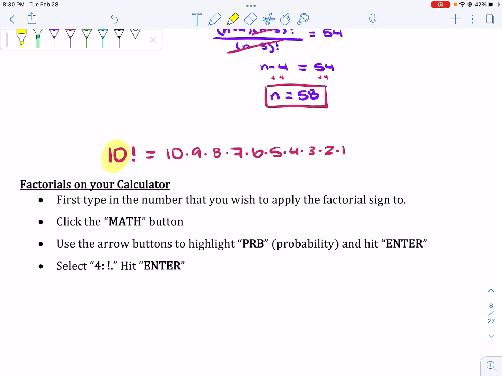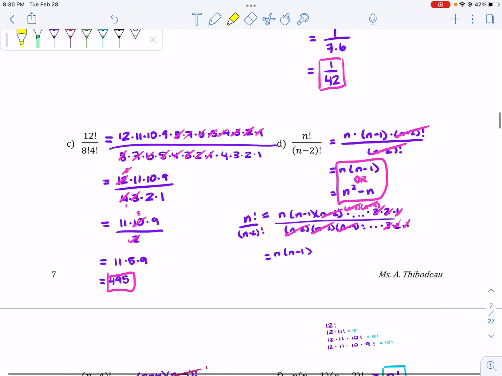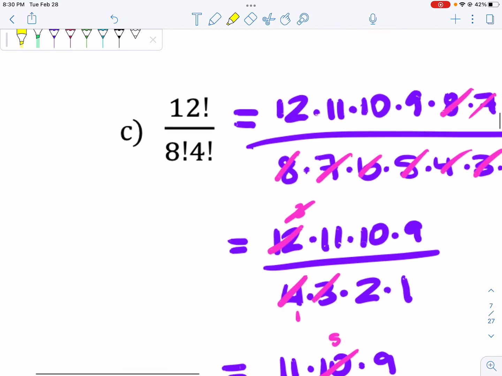Now that we know how to do factorials in our calculators, we are more than able to go and backtrack and do some of the previous questions like this guy here. I can very easily plug this into my calculator and say 12 factorial divided by, if I'm doing this in my calculator, I need to make sure that my denominator, since there's multiple things going on, are kept in brackets.